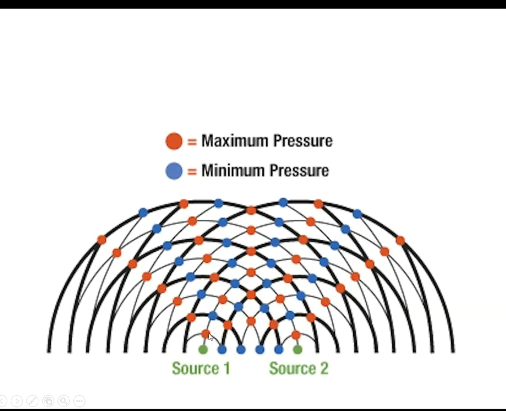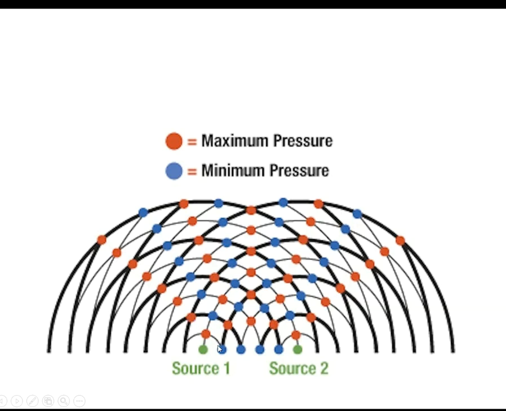And so when a trough meets a trough, like the trough from source 1 meets the trough from source number 2, then that's actually what is called constructive interference. Similarly, when a peak meets a peak, so that when thick lines intersect, one is from source 1, the other is from source 2, when they meet, it's constructive interference.